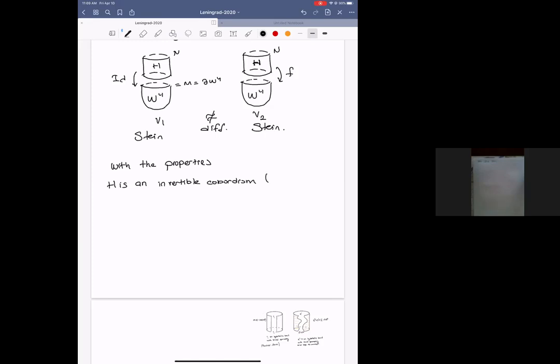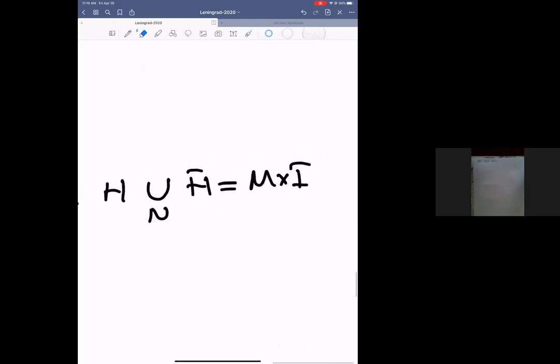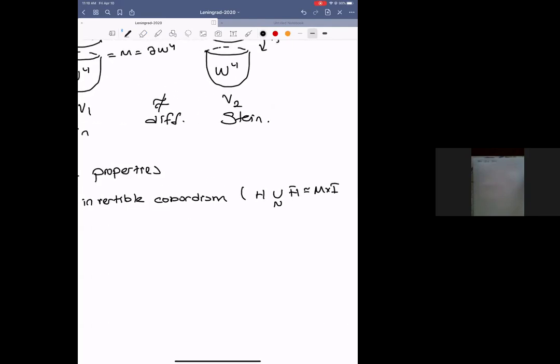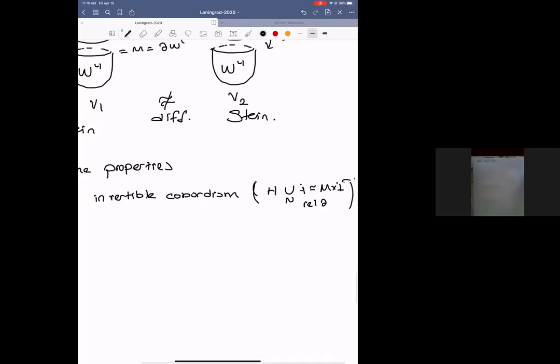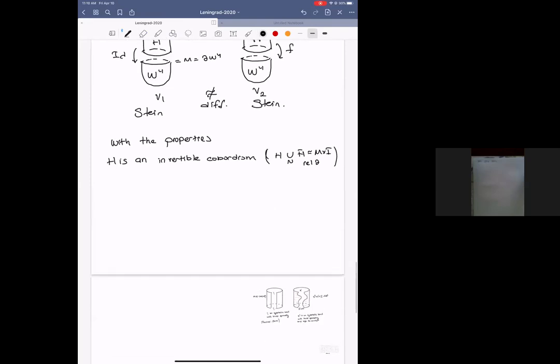When I say invertible, if you take this H and glue along the N upside down, you can take this as a definition, it becomes really M cross I. I mean, it becomes diffeomorphic to M cross I, and this diffeomorphism in particular is real boundary. This is a very important piece in the proof.